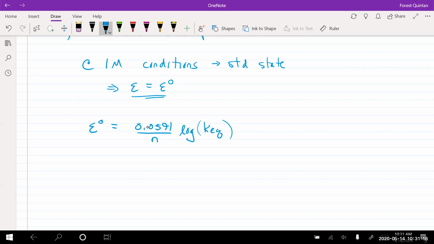Because when we are at that standard conditions, E is equal to E naught, well then you pull the, sorry, you pull the E naught over and you flip the sign on your log equation. But since we are at this thing, we can actually now calculate the equilibrium constant. Check it out.